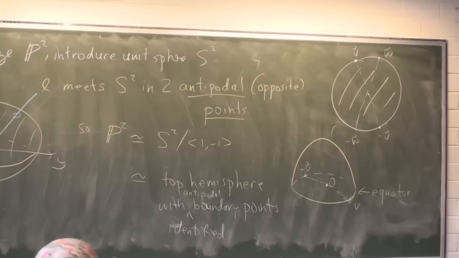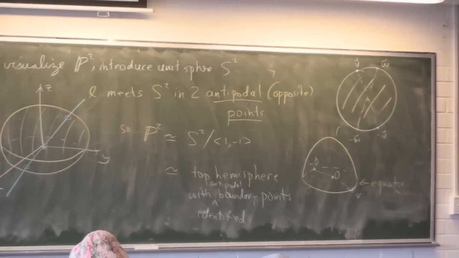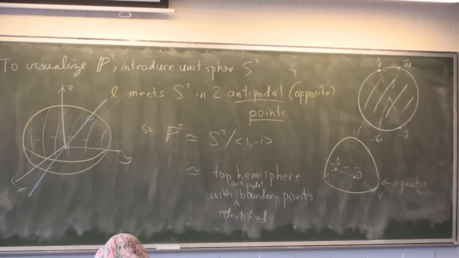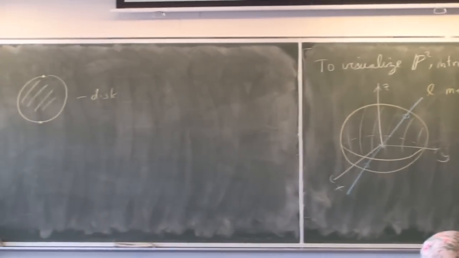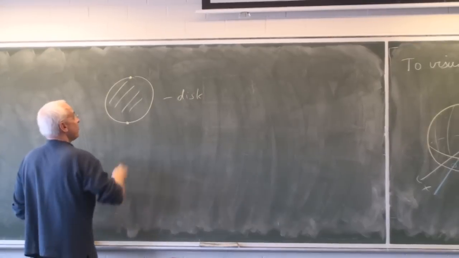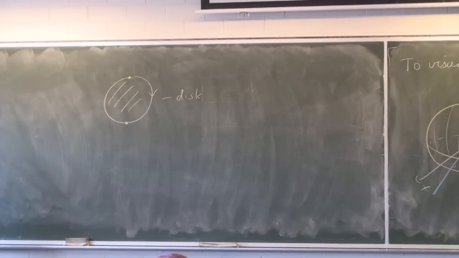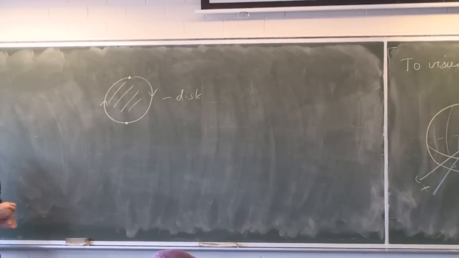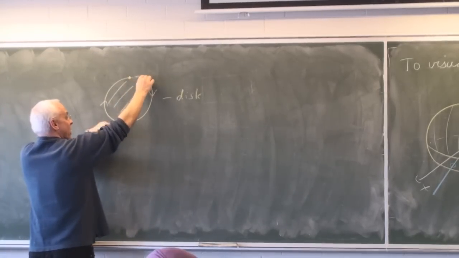Now it's a completely planar situation. We've gone from the three-dimensional space of lines. Now we just have a single disk. It's just a disk in the plane. And if we introduce a north and a south like that, then we can describe this gluing by saying we need to glue that side to that side in that order, so that this point is glued to that one, and as we go down here we glue.